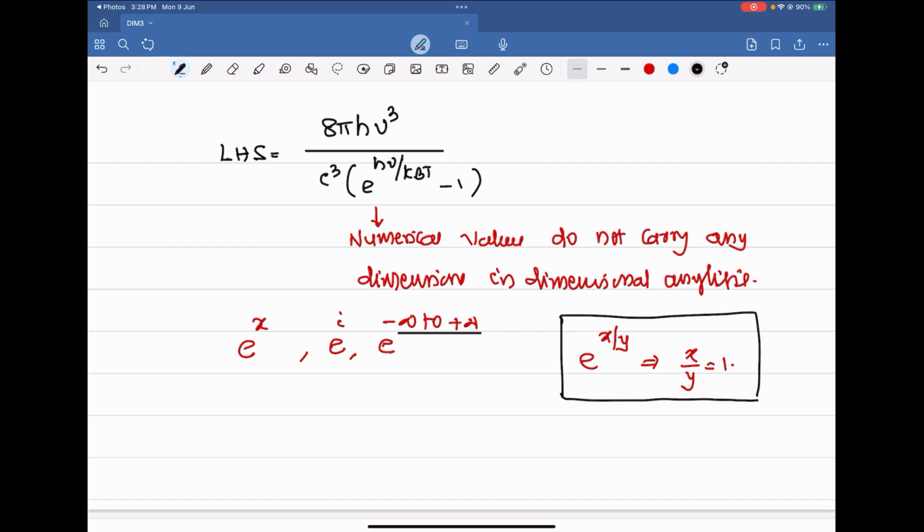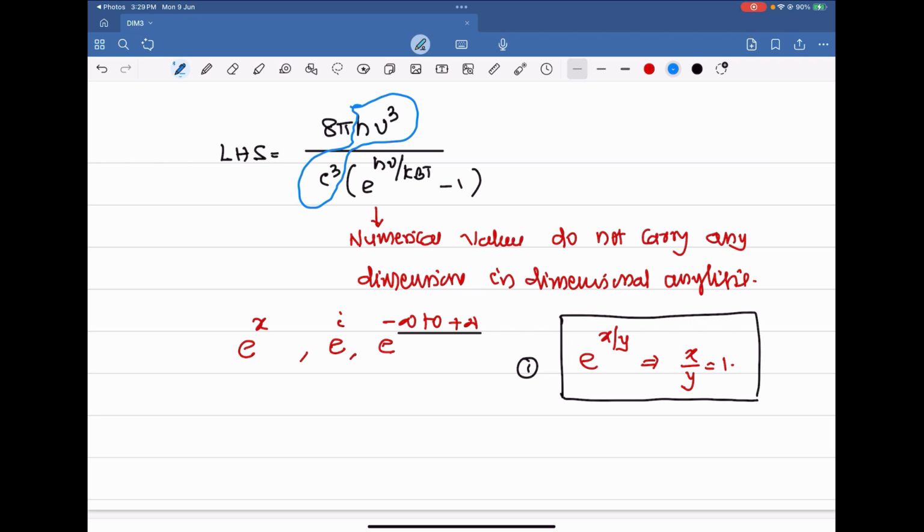Now, that is one rule you have to follow. That means for dimensional analysis, what are the factors which are going to affect? Pi is not going to affect us. Eight is not going to affect us.